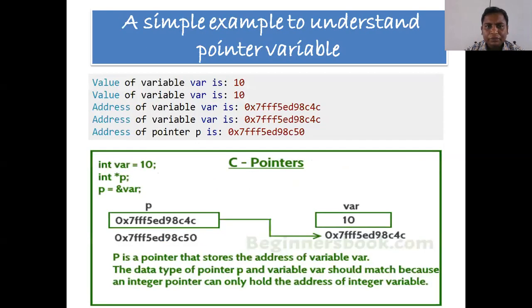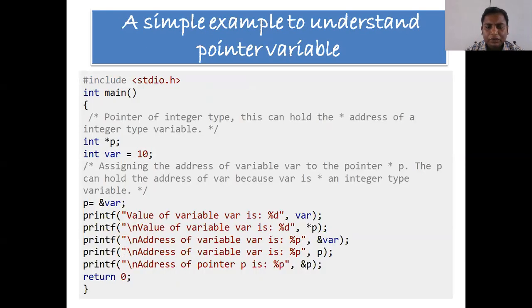Now let us take an example program to understand this particular concept. We are declaring a pointer variable p. In order to do that, I will simply write int *p.